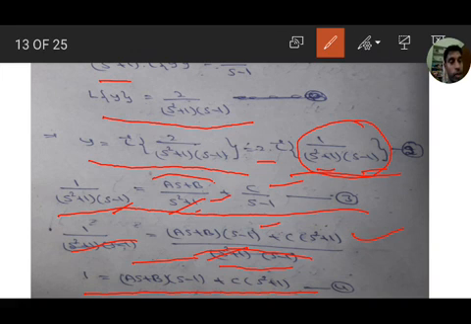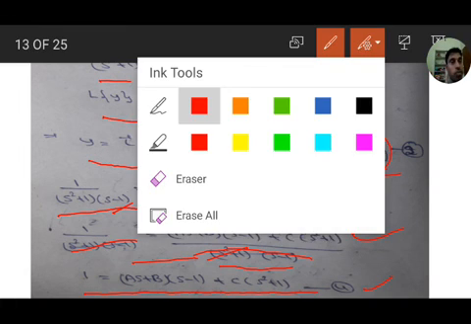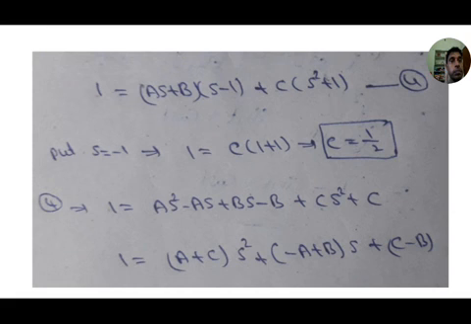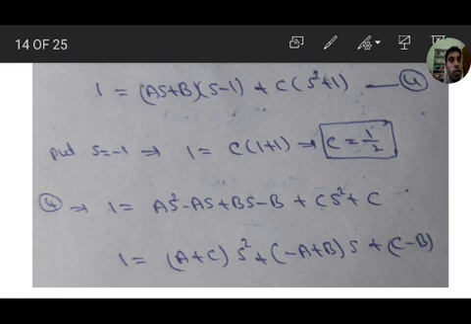This is cancelled out totally. So 1 equal to As plus B into s minus 1 plus C into s square plus 1, that is equation 4.